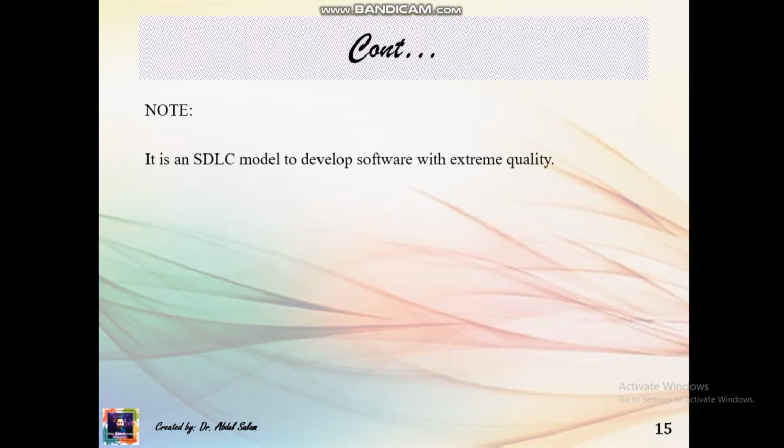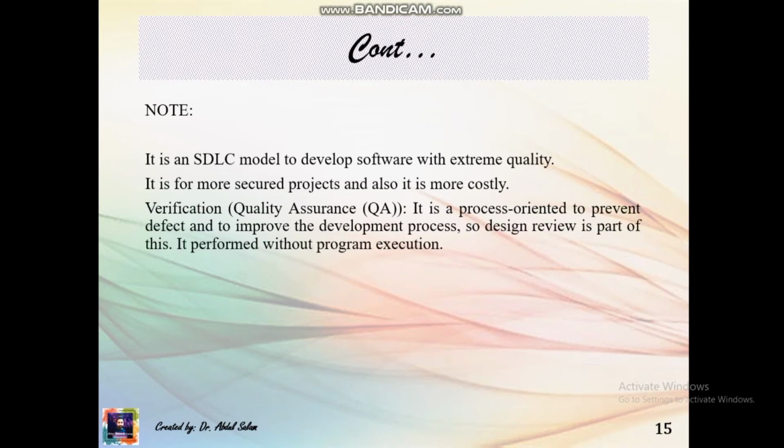Note that it is a software development lifecycle model to develop software with extreme quality. It is for secure projects and it is also more costly. Verification, or quality assurance, is a process oriented to prevent defects and to improve the development process. So, design review is a part of this.